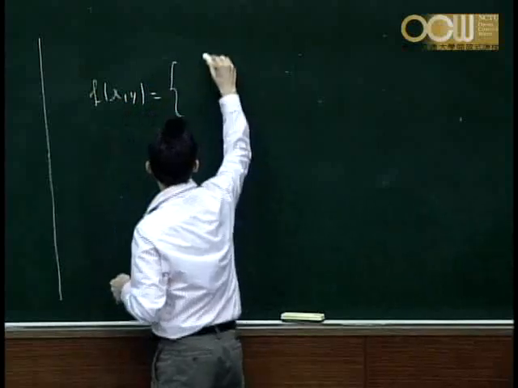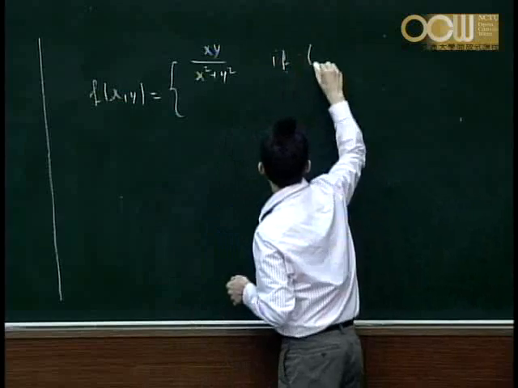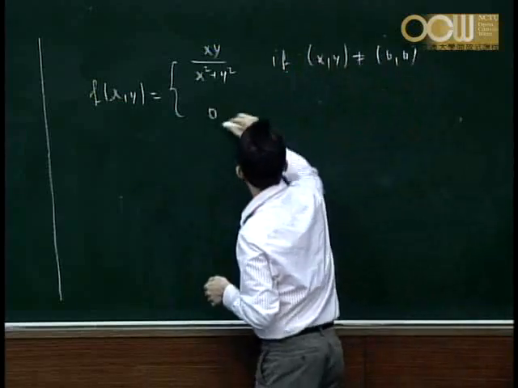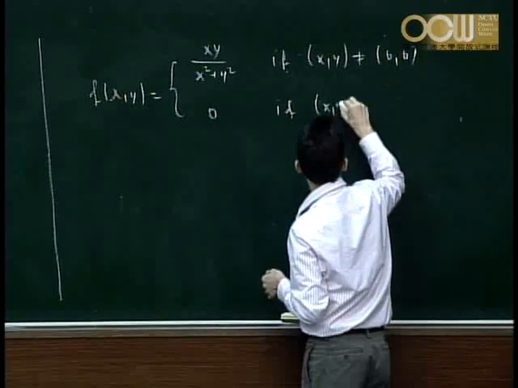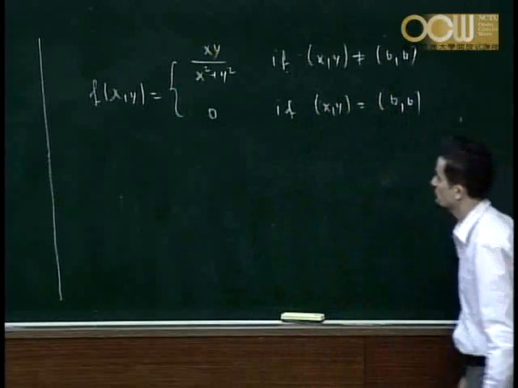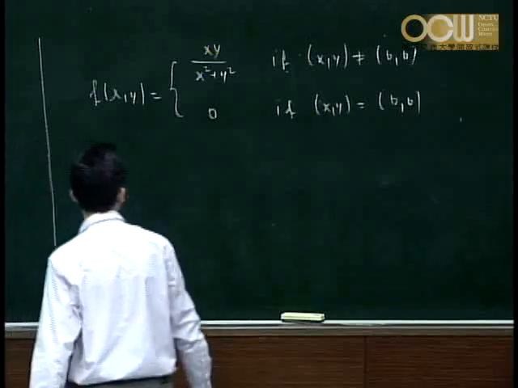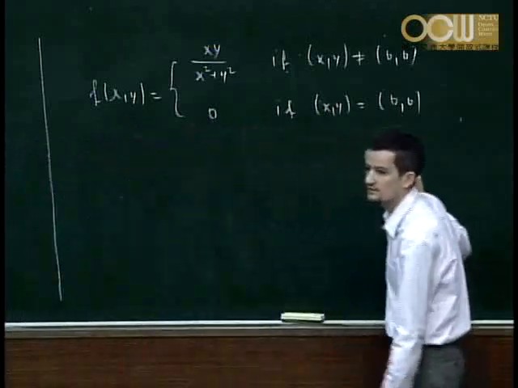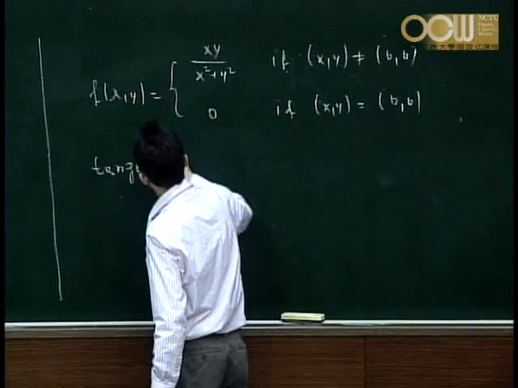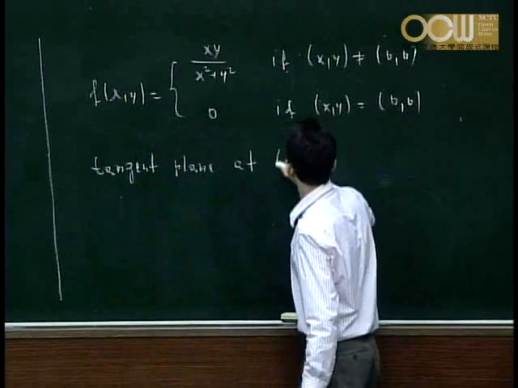We have f(x, y) equals xy over x squared plus y squared if (x, y) is not equal to (0, 0), and 0 if (x, y) equals (0, 0). So what is the tangent plane of this function at the point (0, 0, 0)? The tangent plane at the point (0, 0).